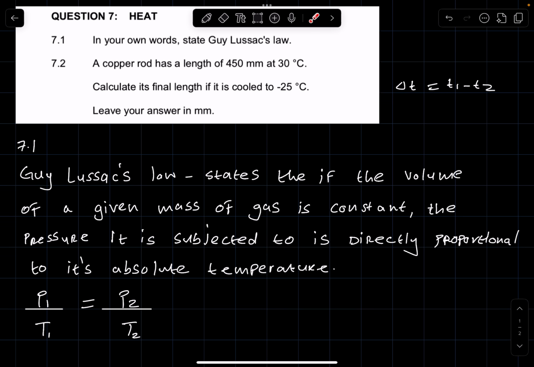Another thing to establish is whether you're going to be using the linear coefficient, the area coefficient or the volumetric coefficient. Here they only spoke of the length, so we're only looking at the linear perspective of contraction for this copper rod.